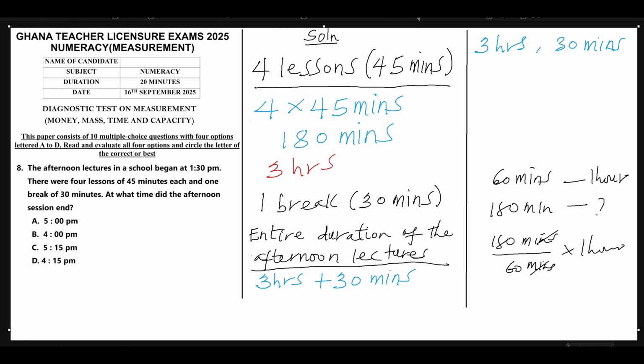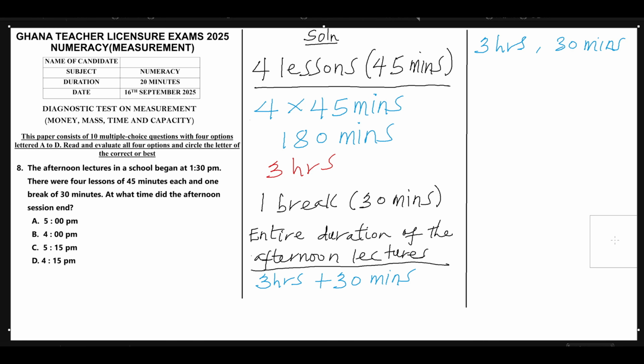But then we are not looking at the duration for the entire afternoon lectures, but rather the time the afternoon lectures ended. So we know that the afternoon lectures started at exactly 1:30 p.m. So to get the time the afternoon lectures ended, we need to count 3 hours 30 minutes after 1 hour 30 minutes.